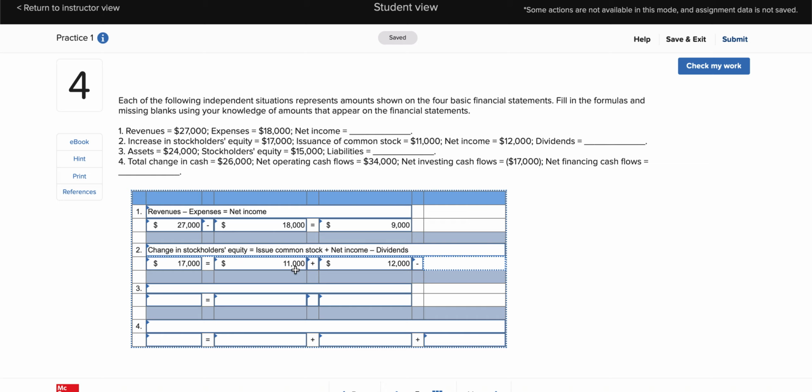So far I have 11 plus 12, which is 23. So what I need to know is what do I need to subtract from the 23 to get to 17? So the 23, I'm just basically saying 23 minus 17. So this has to be minus $6,000. So 11 plus 12 is 23, minus 6 is equal to 17. This is how we're calculating this.